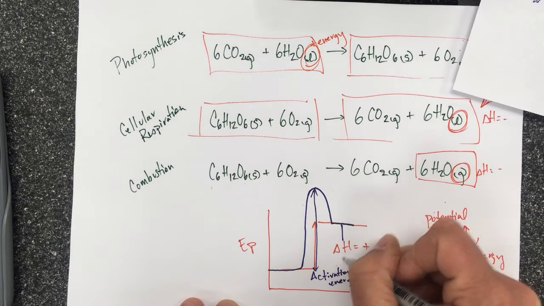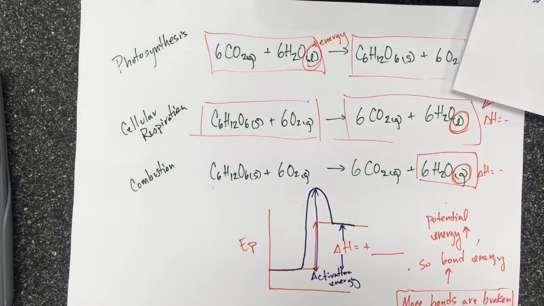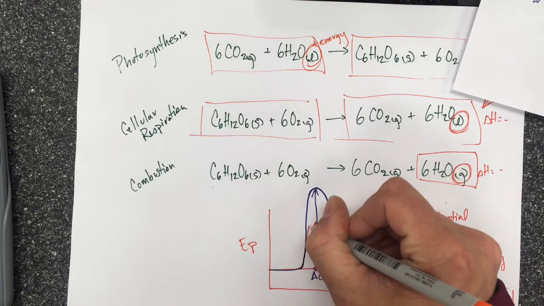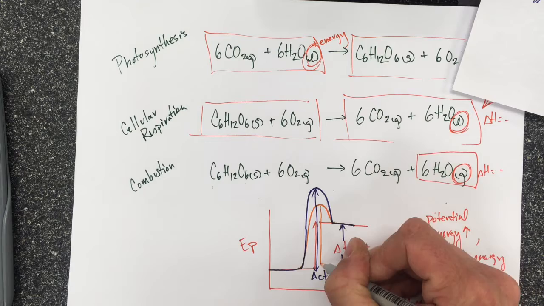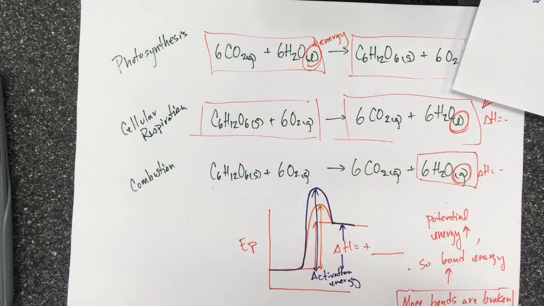And the enthalpy is the difference from here to here. Well, if it was a catalyzed reaction, though, and it must be a catalyzed reaction, the activation energy will be lower. So now the activation energy for the catalyzed reaction is from here to here.